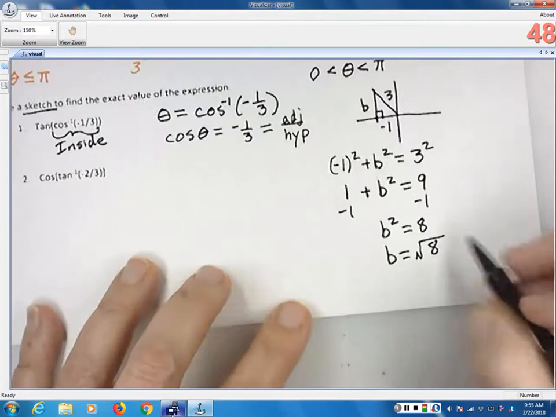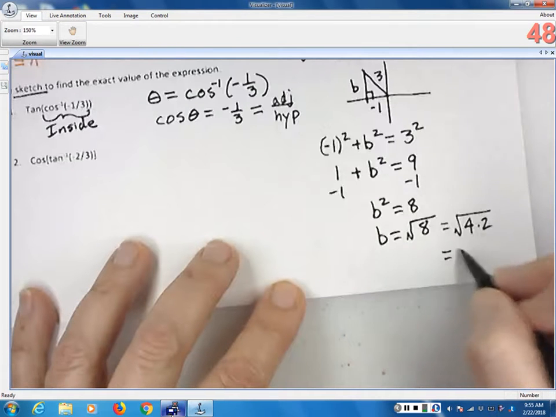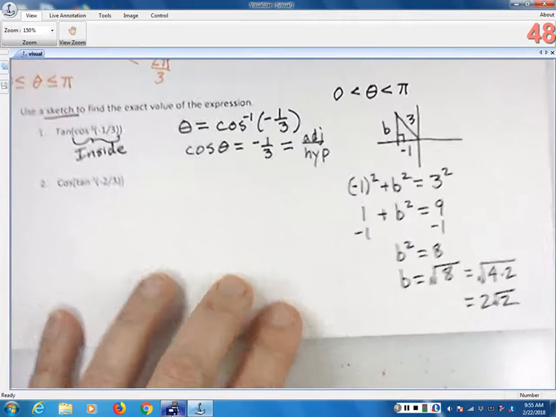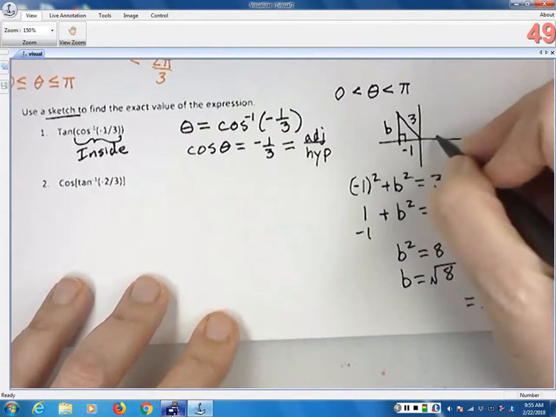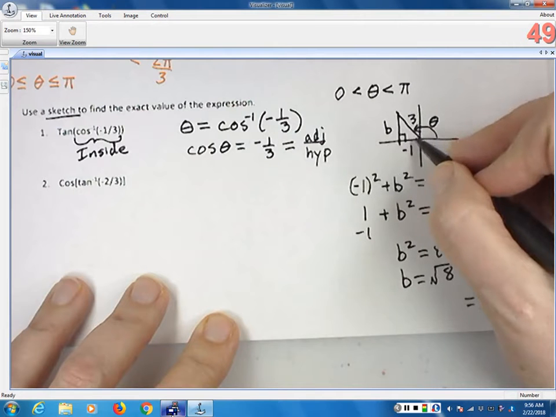But you have to rewrite 8 as the square root of 4 times 2. So that's 2 square root of 2. So that's what b is. This is our theta. This is our reference triangle, theta prime.